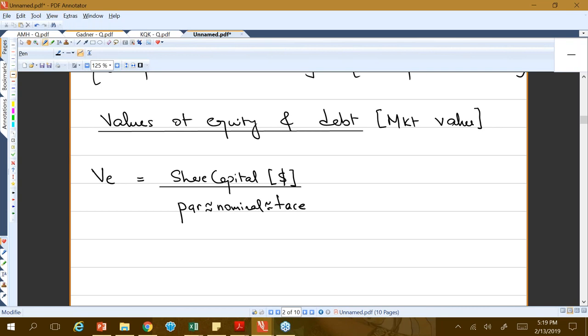All that means the same thing: par, nominal, face. Once I divide my share capital in dollar terms by the par, nominal, or face value, what I will get here is the number of shares. And once you have the number of shares, you simply multiply it by the market price per share.